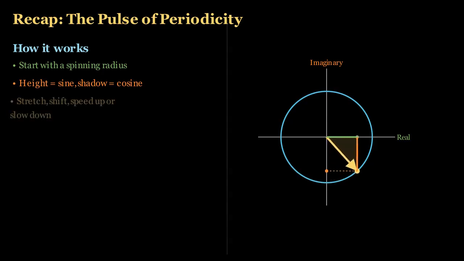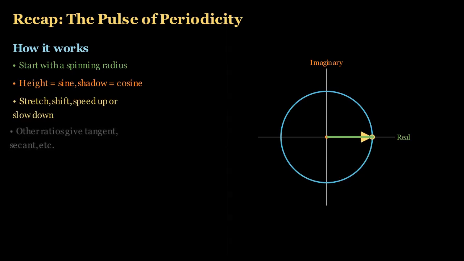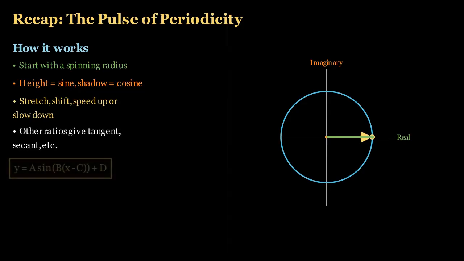We change the period, how fast it cycles, by multiplying the angle inside. We slide it left or right with a phase shift, and lift the whole thing up or down with a vertical shift. Other trig functions like tangent and secant are just ratios of these same shadows, and they have their own repeating patterns and special breakpoints called asymptotes.